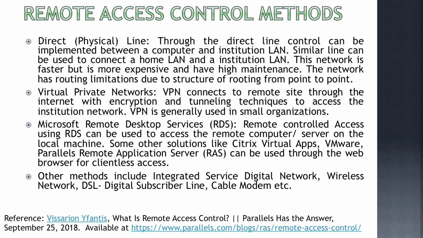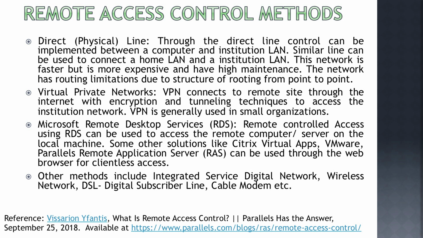Similar to the direct physical line, there are virtual private networks, known as VPNs, which connect to the remote site through the internet with encryption and tunneling techniques to access the institution network. VPN is generally used in small organizations. The third one is the Microsoft Remote Desktop Service, known as RDS.